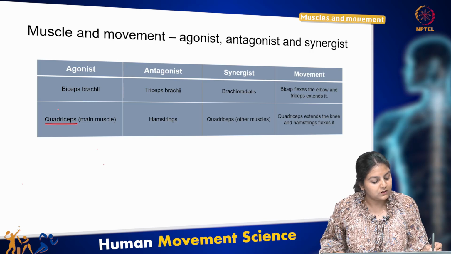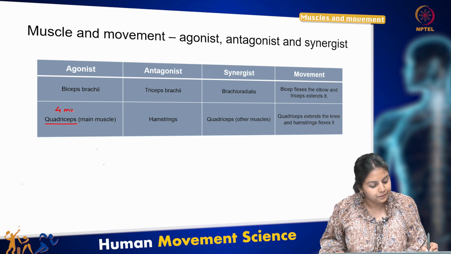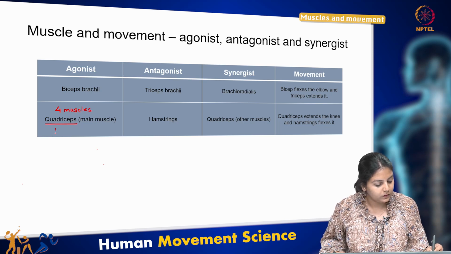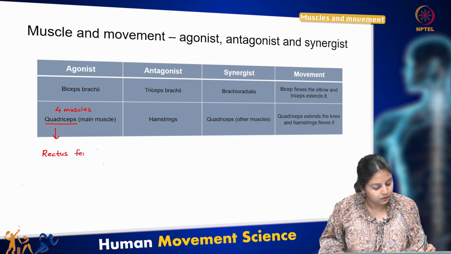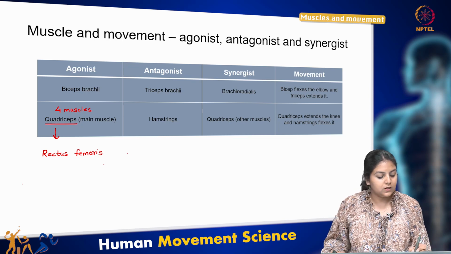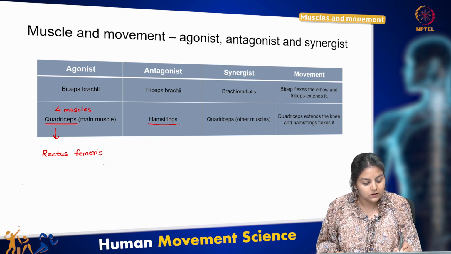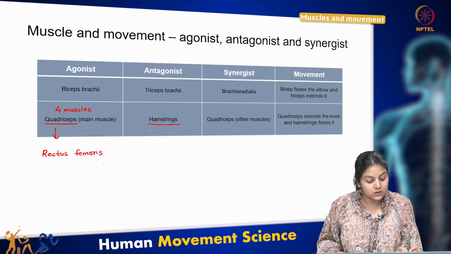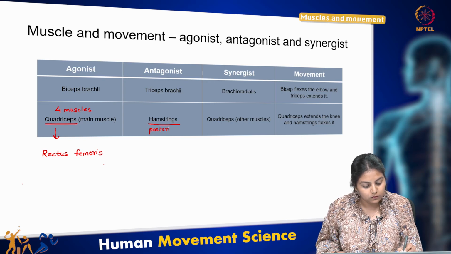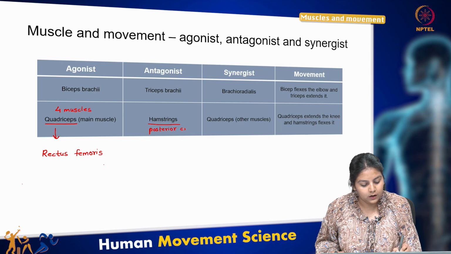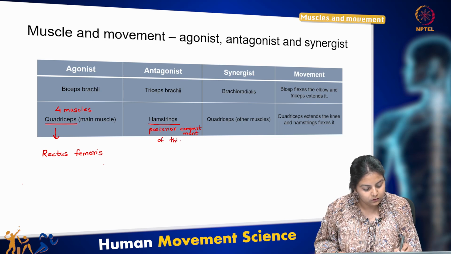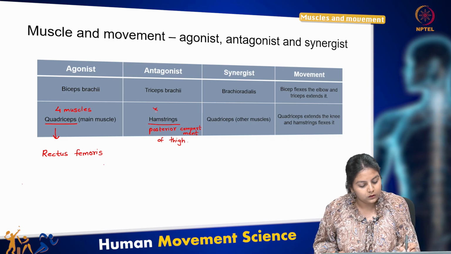Let's look at a lower body example. So quadricep muscles are a group of 4 muscles in which the main one is rectus femoris. So the rectus femoris is the main muscle that acts as the agonist. The hamstrings, which are on the posterior side or compartment of the thigh, are a group of 3 muscles.